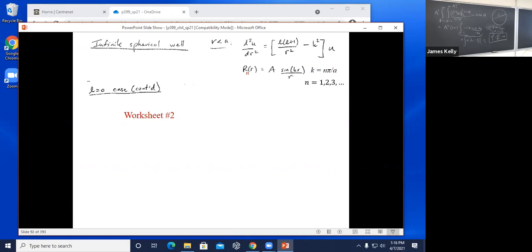So in other words, we're trying to find that A that's up there in the upper right-hand corner for Rn of r.